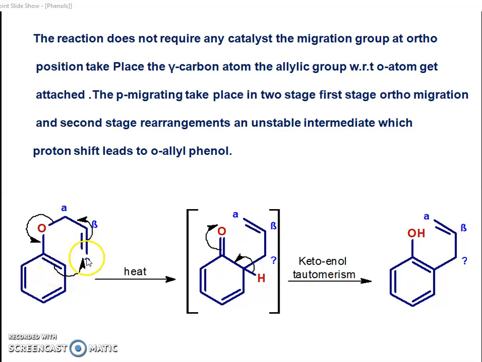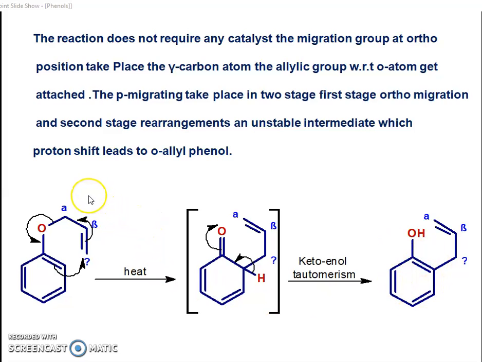See here, this gamma carbon is attached to the ortho position, and then after aromatization, with the loss of protons, a carbon-carbon double bond is formed here, and the negative charge is formed here. This negative charge abstracts the proton to form OH, like in keto-enol tautomerism reactions.